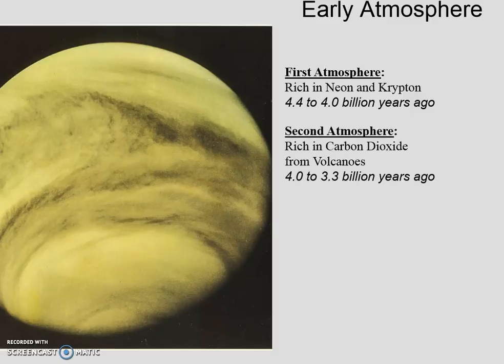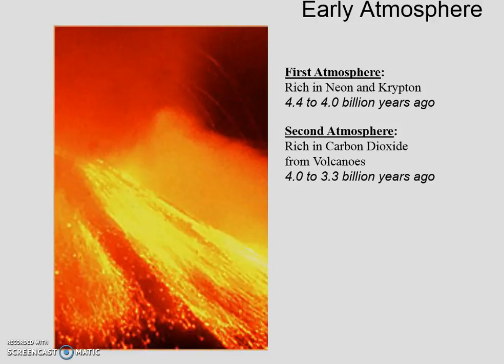The second atmosphere started to evolve, having more carbon dioxide. Scientists believe that this is from the interaction of volcanic activity, and this is around 4 to 3.3 billion years ago. Volcanic activity added condensation nuclei, so dust particles, into the air, and those dust particles attract moisture.